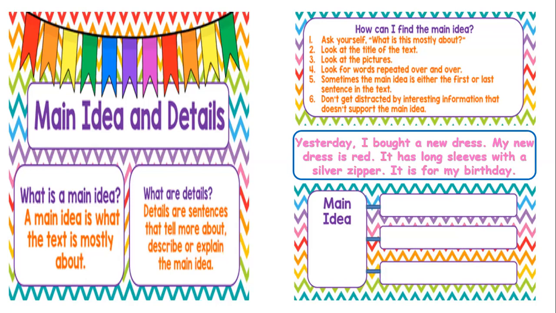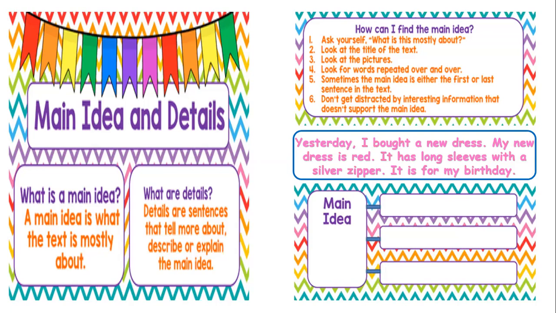You can use the six points above to find the main idea. For example, what is this short paragraph mostly about? It is about my new dress.